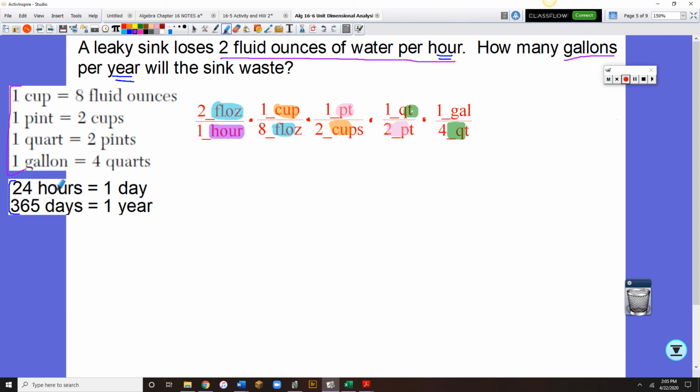So when I go to put 24 hours in, I'm going to be putting that on the top of my next fraction because I know they're not next to each other. They don't have to be next to each other, but they do have to be opposites. So if the hours is in the denominator originally, it has to go in the numerator when I use it for the conversion.